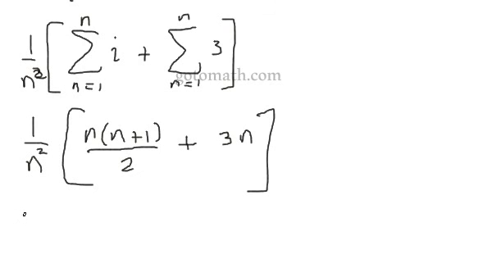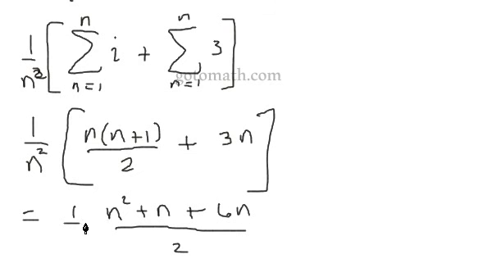Alright, now what we'll do is do some algebra and collapse this completely down. So this piece here is n squared plus n, plus, and then I'm going to take this 2, bring it up, so that becomes 6n over 2. And of course we have that 1 over n squared out here.